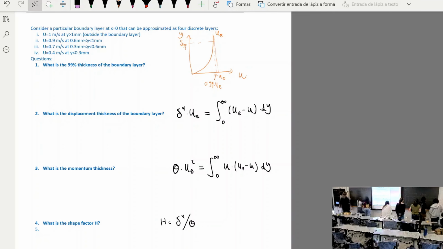Make sense? Oh, so 0.9 there. Should be 1 exactly, because you're at 1.